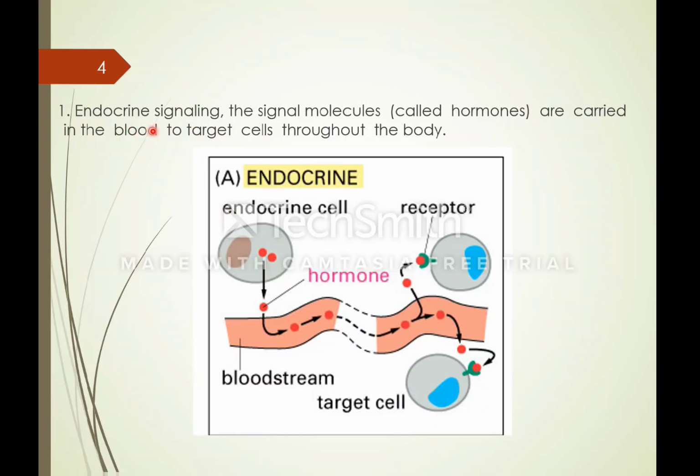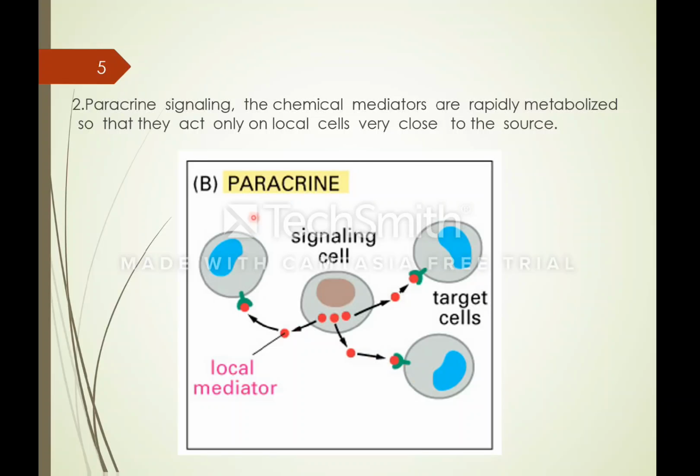In endocrine signaling, the molecule is produced by endocrine or signaling cells and released to the bloodstream. The hormones are carried by the bloodstream, and finally the receptors are located on the target cell. In paracrine signaling, the signaling cell releases chemical materials as mediators.